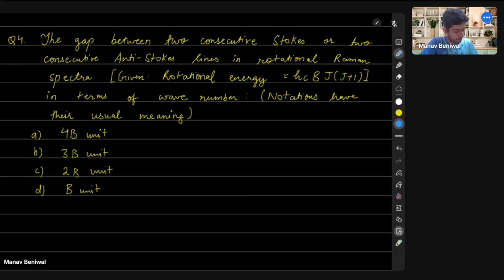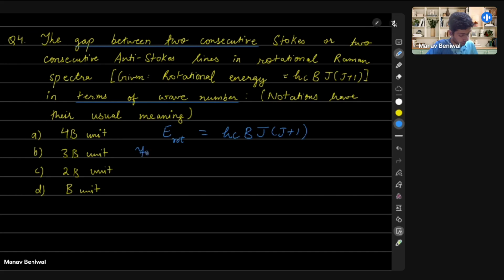So the question is asking about the gap between two consecutive Stokes or anti-Stokes lines in rotational Raman spectra, and it is asking in terms of wave number. Notice that we are already given the rotational energy. So E rotational is given to us to be hcB J(J plus 1), right?